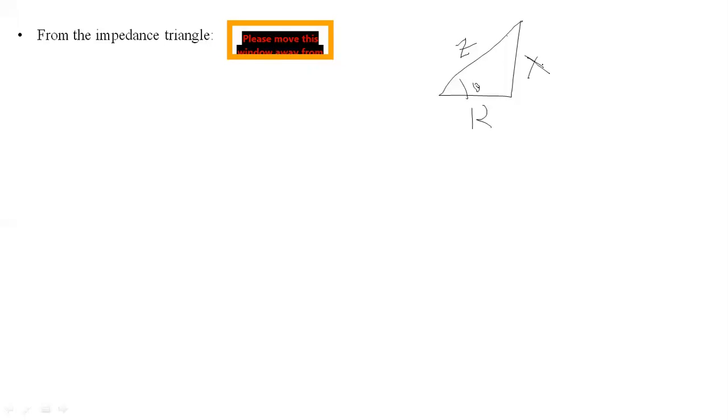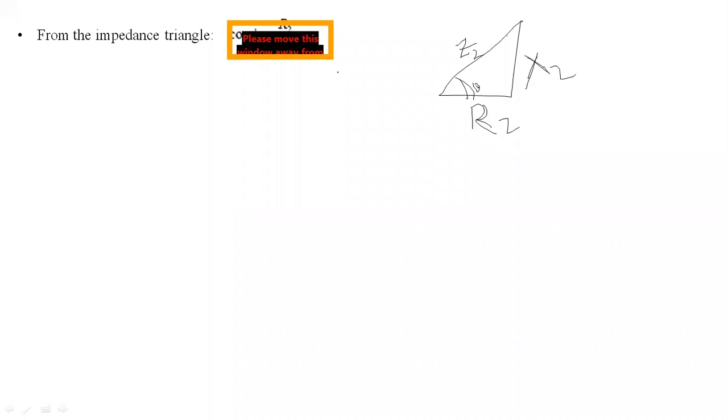The reactance of the circuit and the resistance of the circuit give the resultant, which is nothing but the impedance. Since he has given the secondary side, we are labelling the terms R2, X2 and Z2.